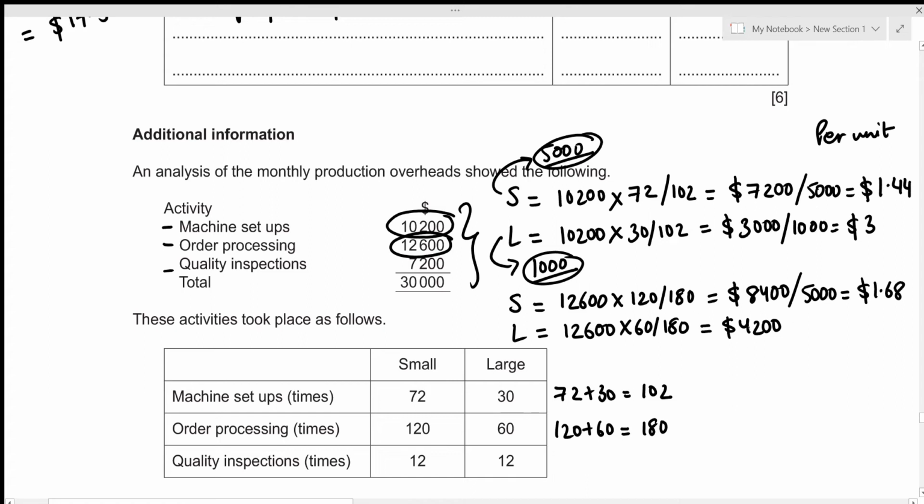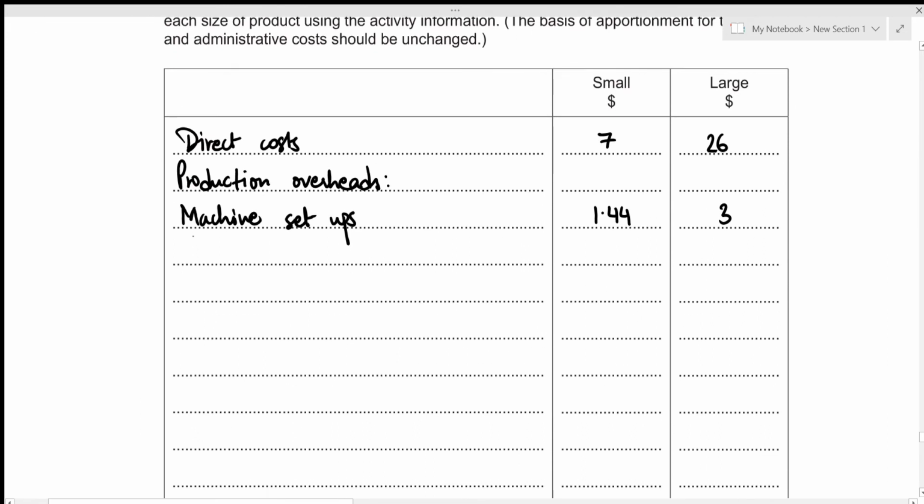For large, the total cost is 4,200 and the total number of units is 1,000. So this results in the per unit cost of 4.20. Let's record these two amounts in our statement under the heading of order processing. So for small, that was 1.68, and for large, it was 4.20.